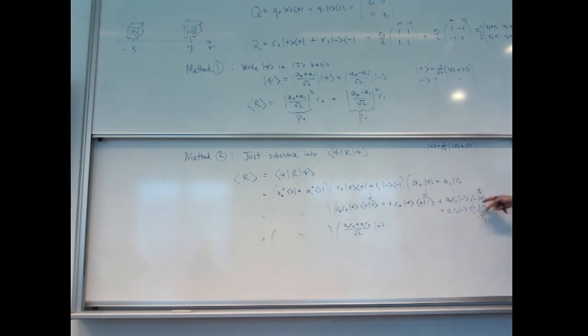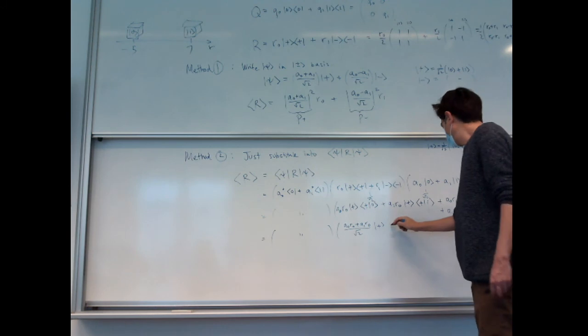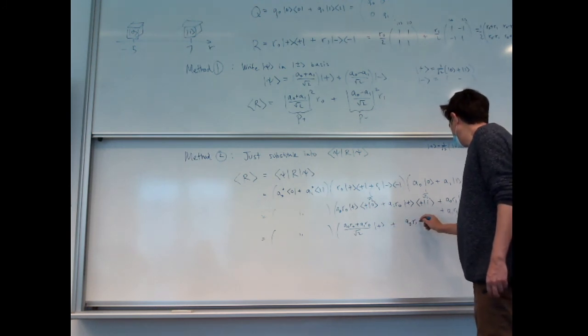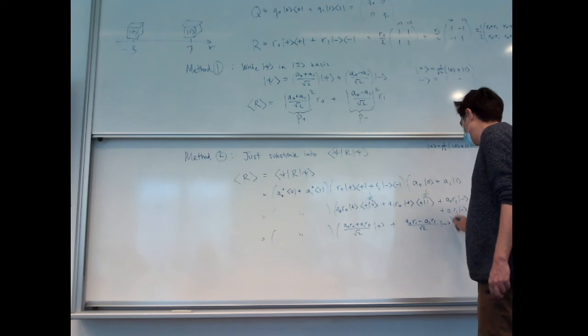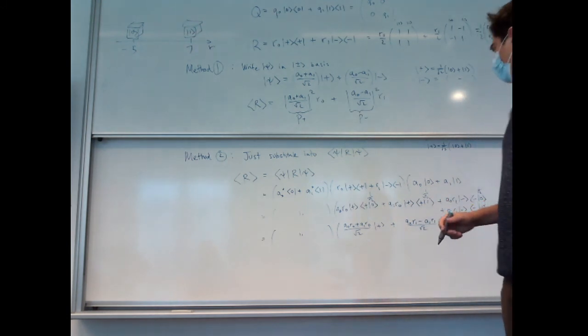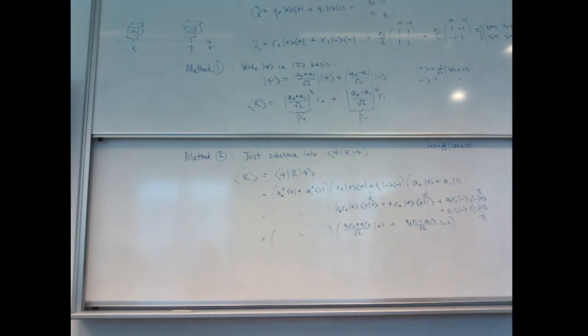These we can also factorize because the vector part is minus: A0 R1, this one has a minus sign, A1 R1, minus state. Okay, so I've got that.